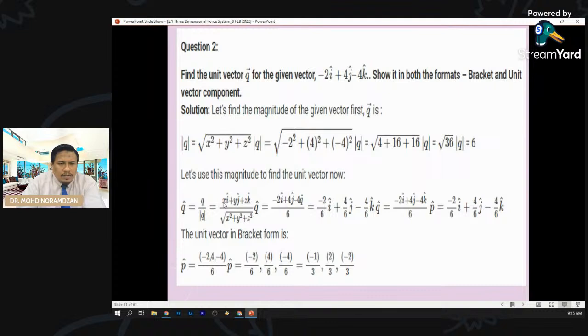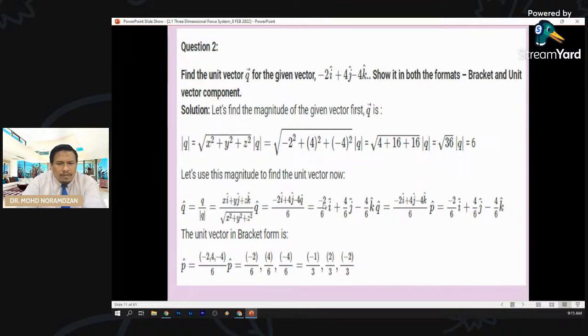That means each coordinate of the given vector is divided by the magnitude of the vector. The magnitude of the vector is the square root of x squared plus y squared plus z squared.